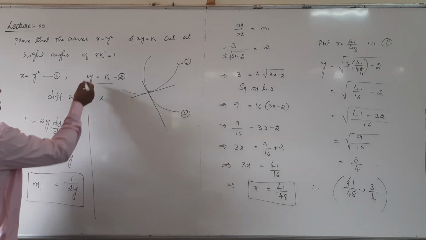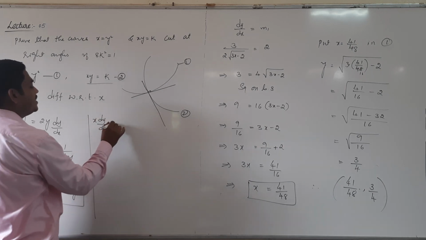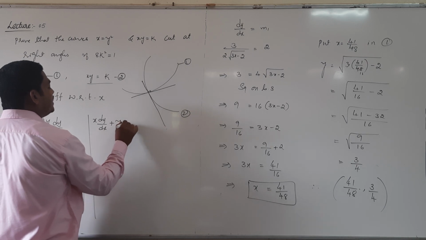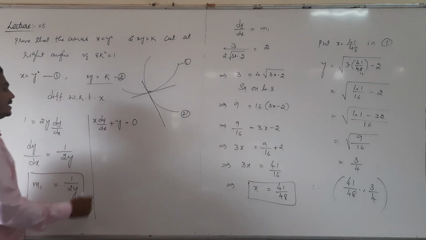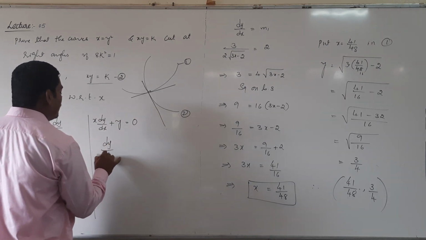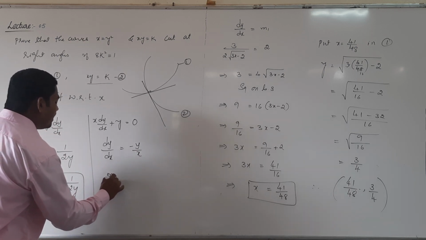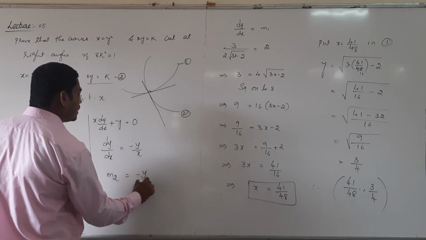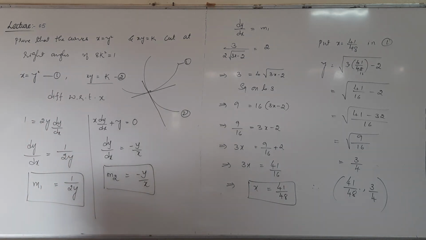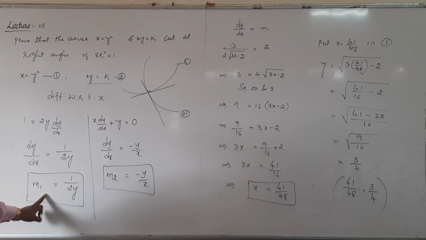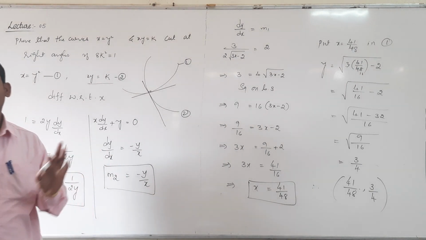Differentiate with respect to x, left hand side use product rule: first function as it is into derivative of second function, plus second function as it is into differentiation of first function, and in the right hand side we have a constant, its differentiation is 0. dy by dx equal to minus y by x, and that is m2, the slope of tangent to curve 2.